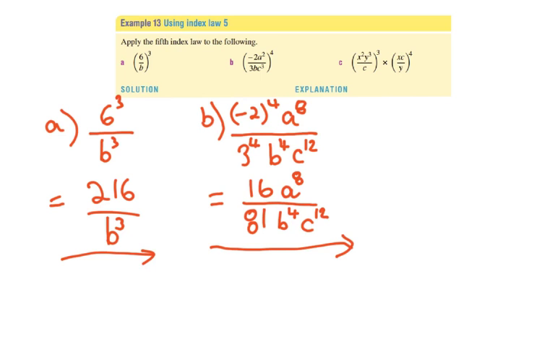Okay, so C is a little bit more complex and takes a little bit more time to do, but as I keep saying, just take your time with it to avoid making mistakes. Step 1, get rid of the brackets.